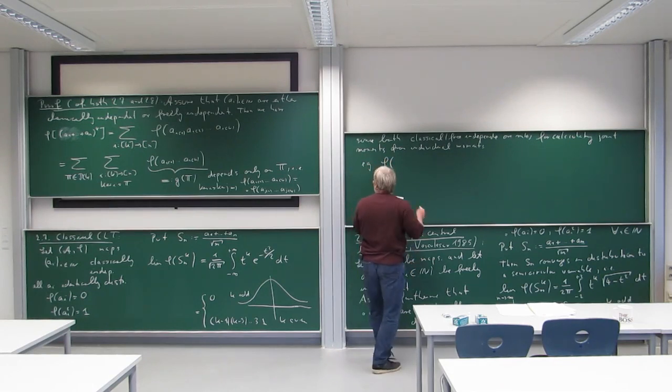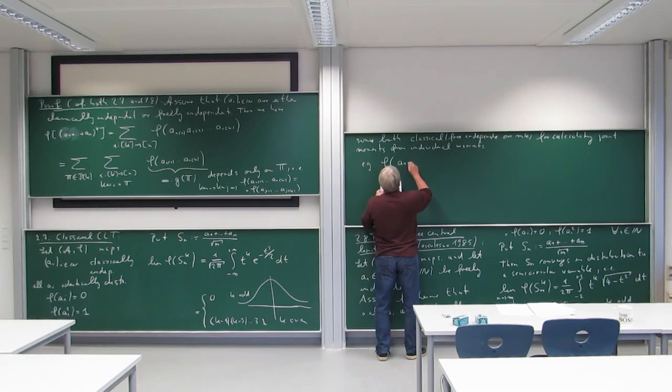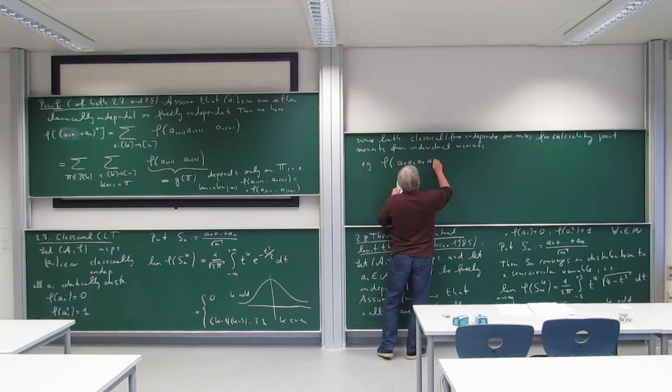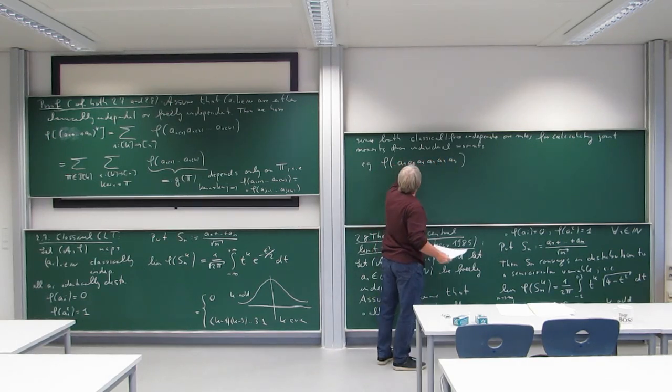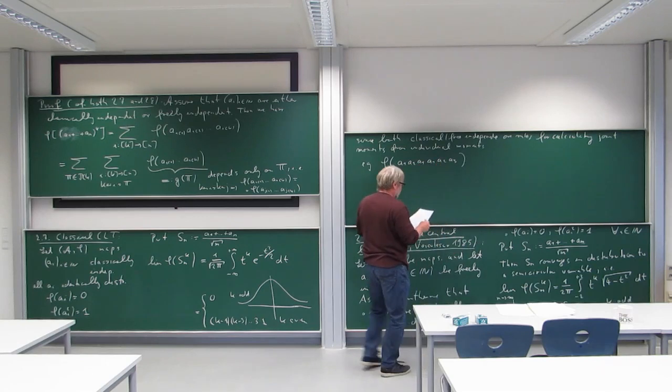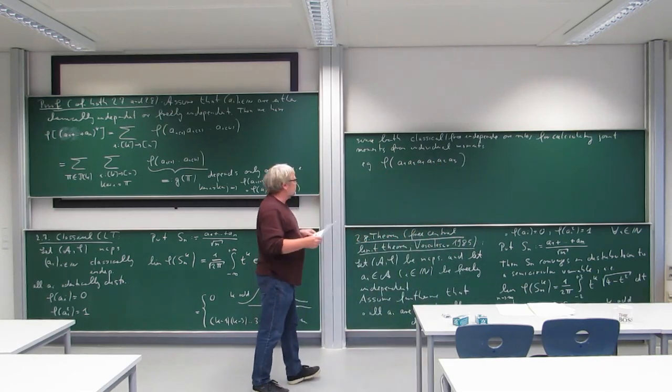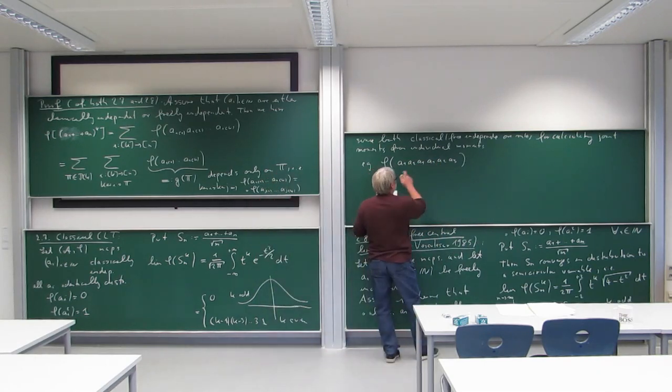What I'm saying here: for example, let's look at the joint moment of the form a_1, a_2, a_1, a_1, a_2, a_3. So this is positions 1, 2, 3, 4, 5, 6. So this is a multi-index for k equal to 6. And what is the kernel of this?